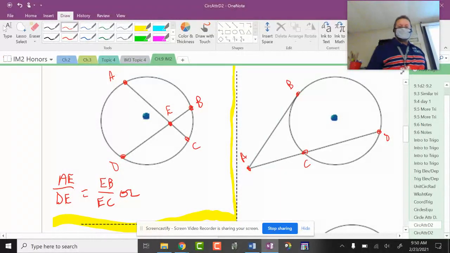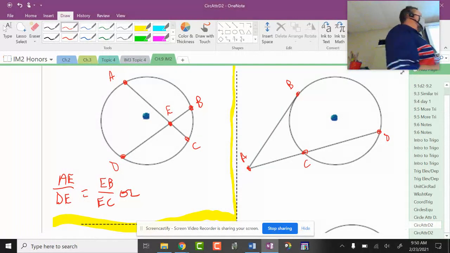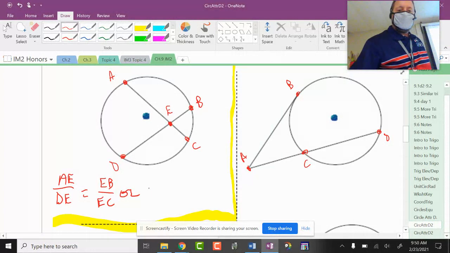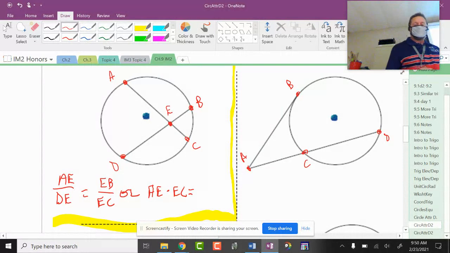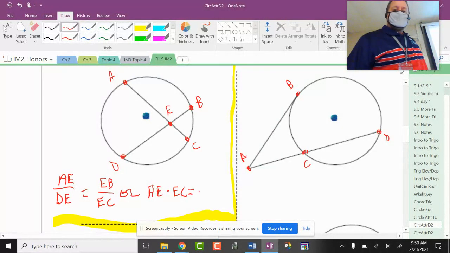Another episode of Samuel's Fighting Technology. Cross multiply, and you end up getting AE, sorry for that, times EC. So another way you would see this in a geometry book, that's 3 times I tried to write that C. AE times EC equals DE times EB.